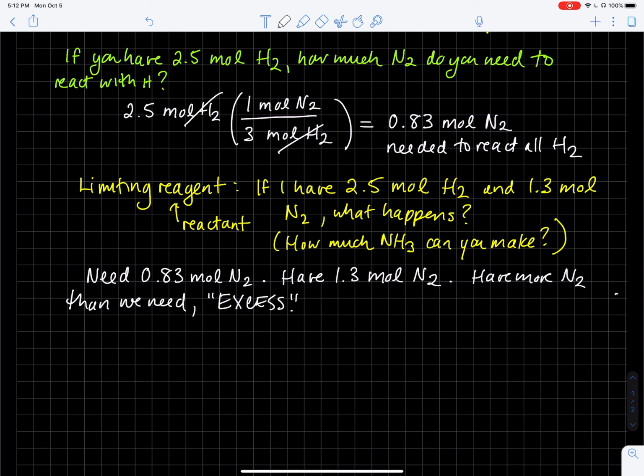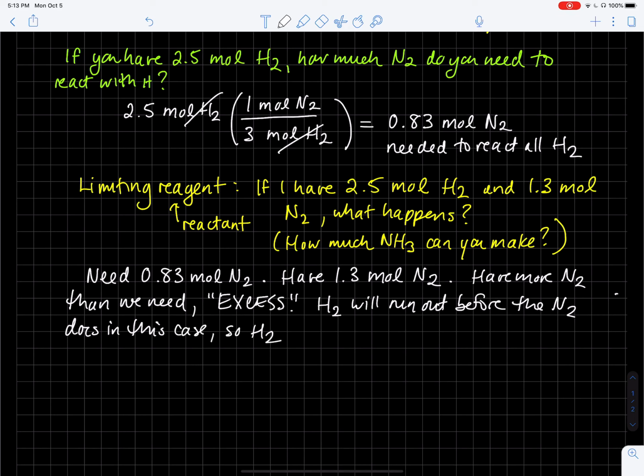And if you have two reagents, one is the excess, and the other one is the opposite of that, which is the limiting reagent. Because we have more N2 than we need, H2 will run out before the N2 does. So H2 is the limiting reagent, and I like to just abbreviate that on my paper as LR.